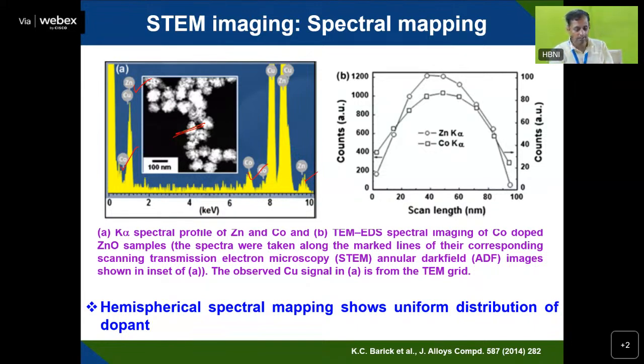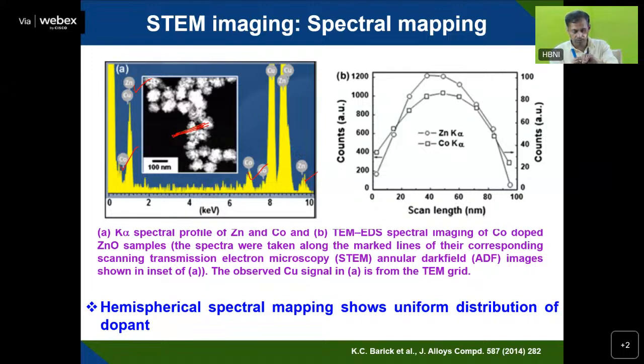From the K alpha energy, you can identify the elements in the spectral mapping. Along this line scan, you have a spherical surface on the top. At the surface the signal will be less, and at the center it will be high.